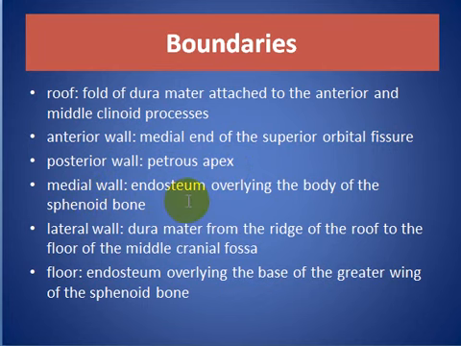The medial wall is endosteum overlying the body of the sphenoid bone, and the lateral wall is dura mater from the edge of the roof to the floor of the middle cranial fossa. The floor is endosteum overlying the base of the greater wing of the sphenoid bone.